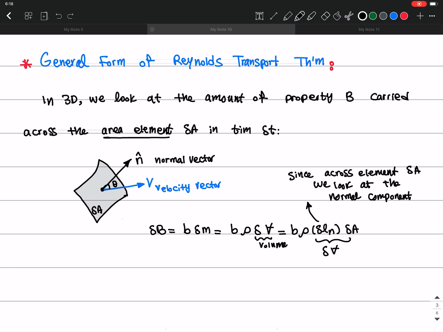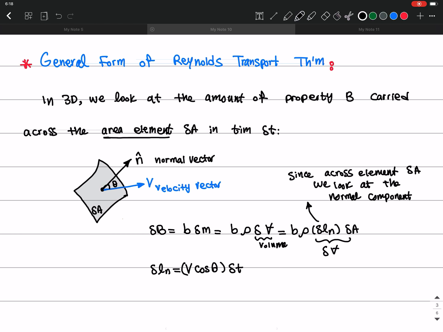So what is this delta Ln? Delta Ln is going to be V times cosine theta times delta t, right?